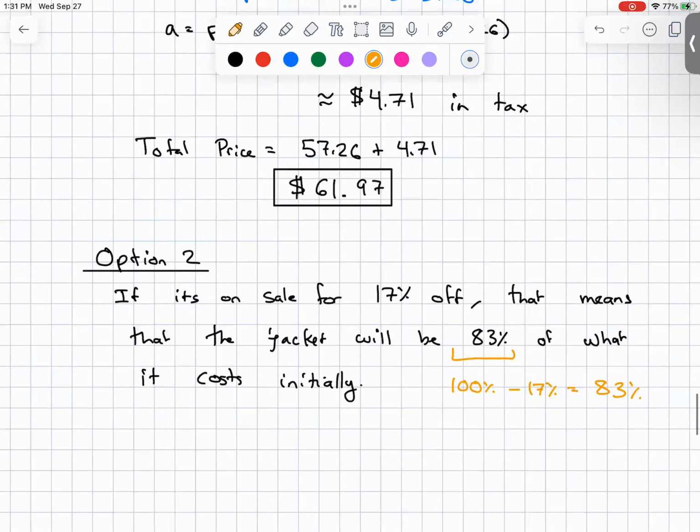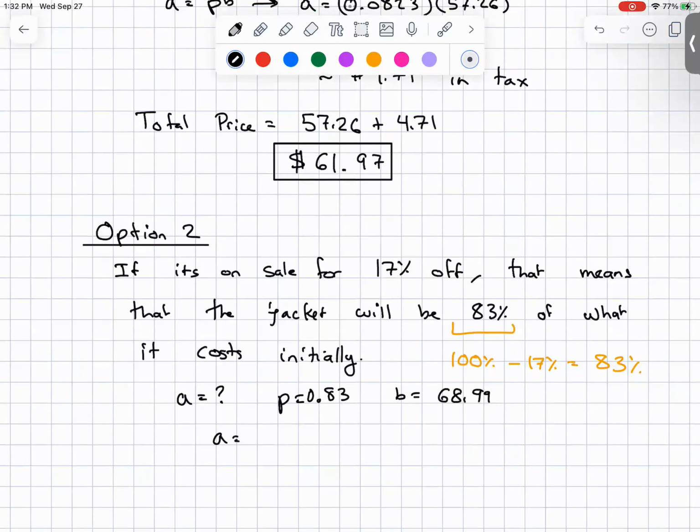So your A value is the unknown. Your P value is 83%, so 0.83. And your B value is still 68.99. Right, 68.99. So A is equal to 0.83 times 68.99.